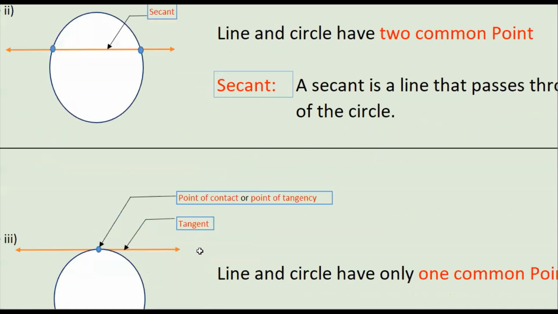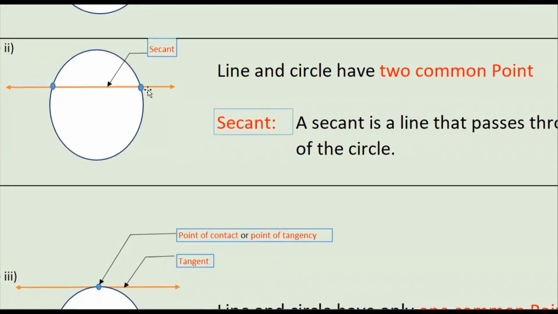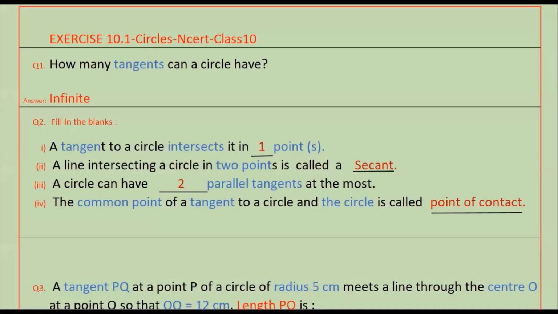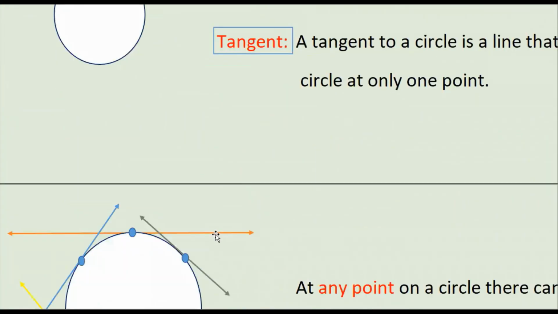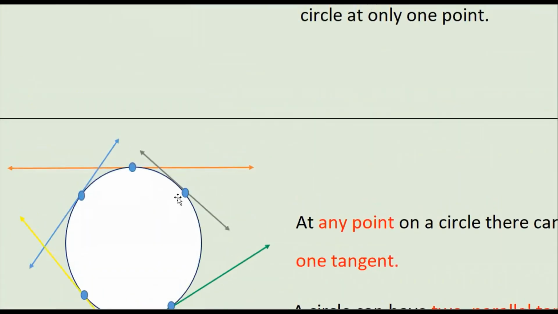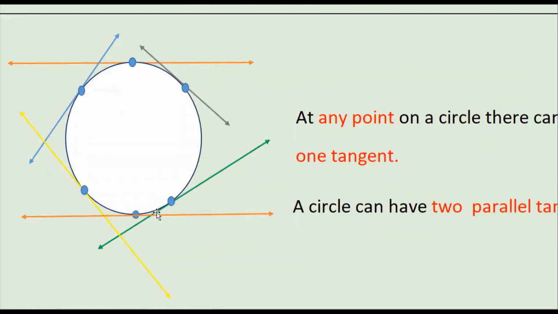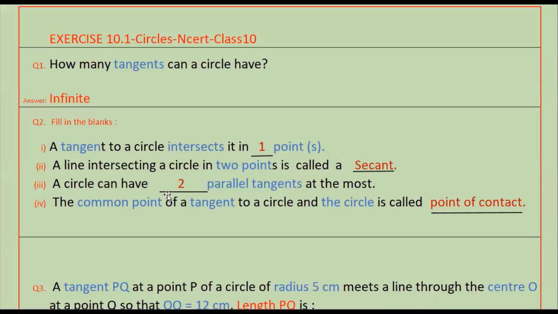The third one: a circle can have dash parallel tangents at the most. We know that you can draw two parallel tangents, like this. So the answer here is 2.